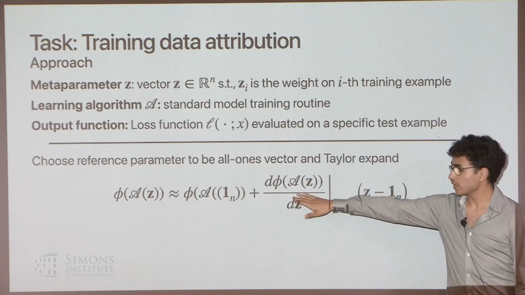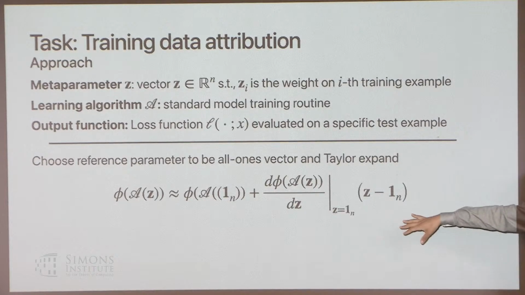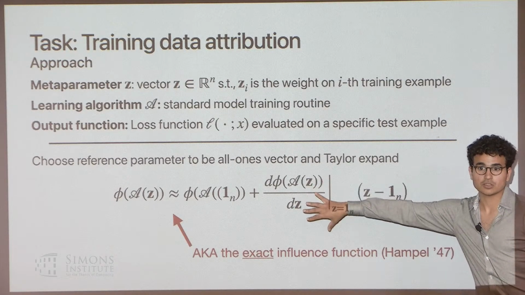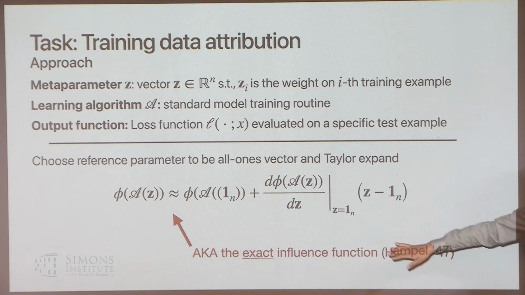I'm going to compute this metagradient once, and then I'm going to use a Taylor approximation. For people familiar with this, this is super well studied. This is called the exact influence function approximation. People have applied influence functions before. The standard way of applying the influence function is to estimate this via implicit differentiation. You can view this as exactly computing the influence function approximation.